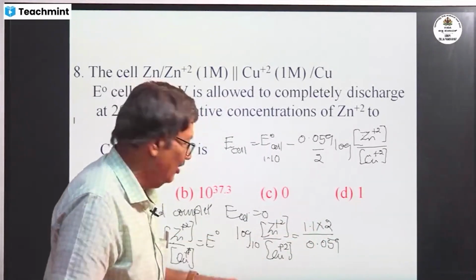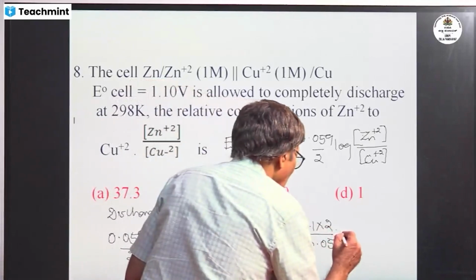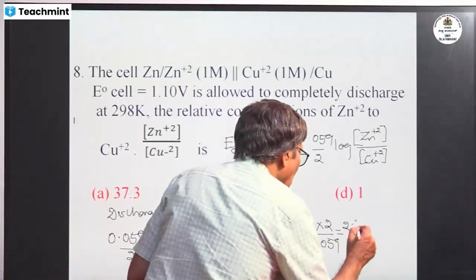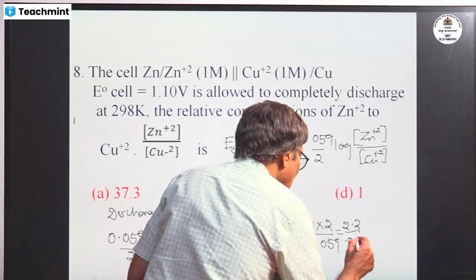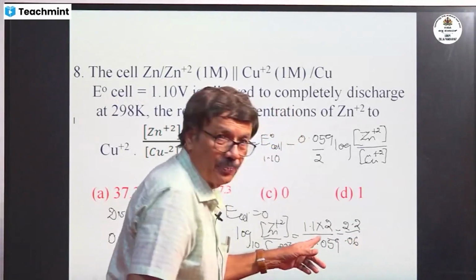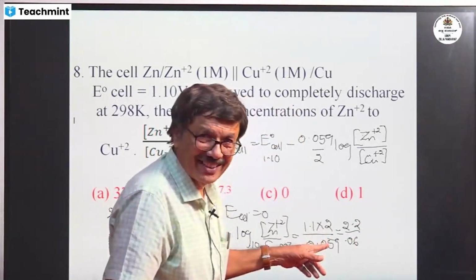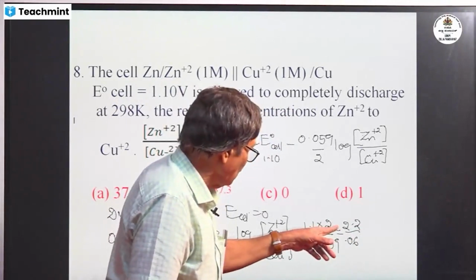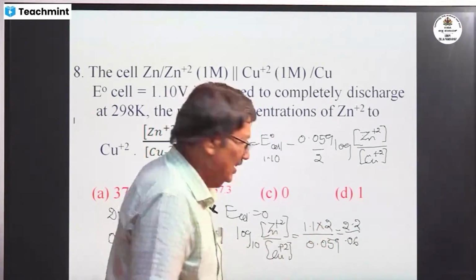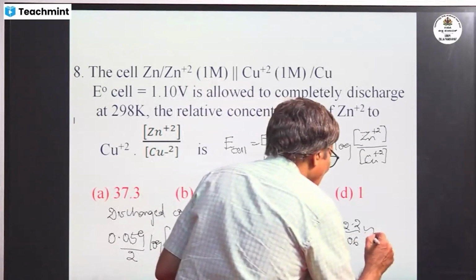If you work it out, it will be almost 2.2 by 0.06. Instead of 0.059, you make it 0.06, so that is roughly 37.